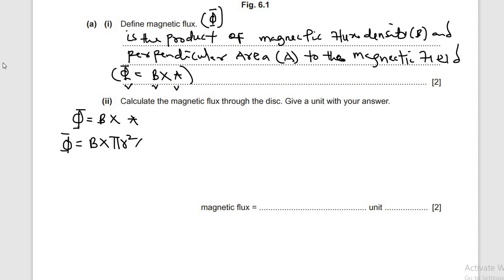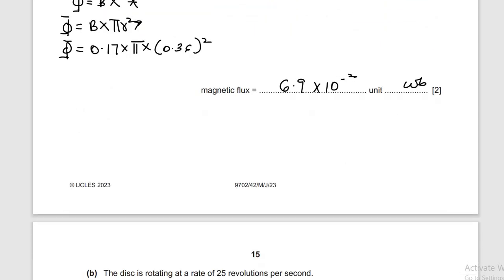So magnetic flux will be 0.17 multiplied by pi multiplied by the radius, 0.36 squared. Punch it into your calculator. What do you have? 6.9 times 10 to the minus 2. The unit of magnetic flux is Weber, Wb. Next question.